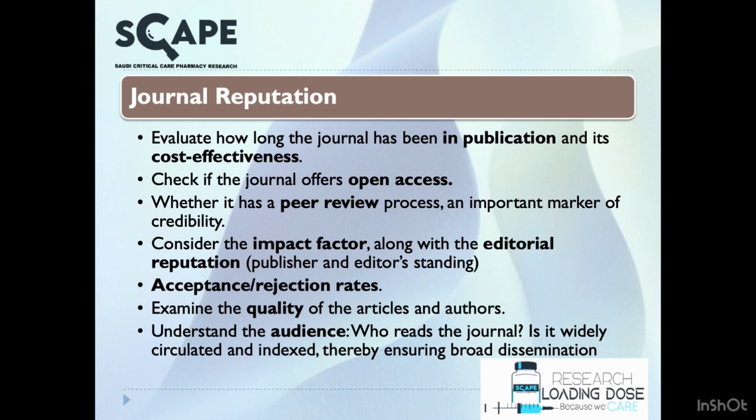Examine the quality of the articles. How do we examine article quality? Actually, by critically appraising the articles published in those journals. Also understand the audience who read this journal.